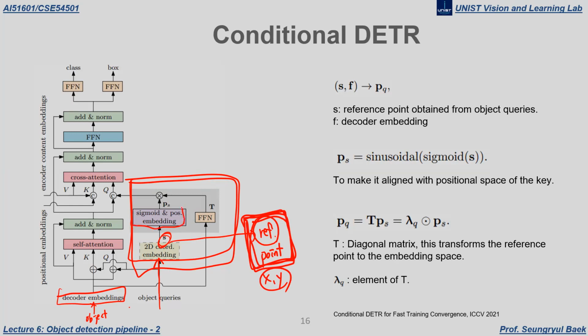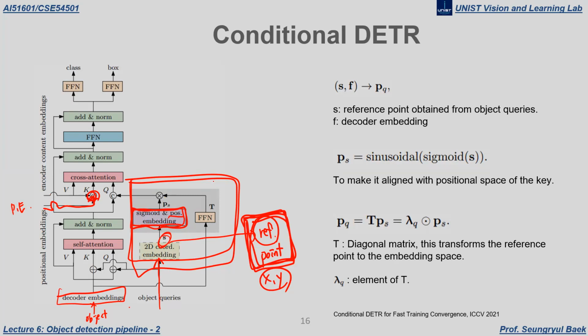We apply sigmoid to normalize it, and also apply positional encodings using a sinusoidal function. That is the same manner as when we make the positional encodings for the encoder output.